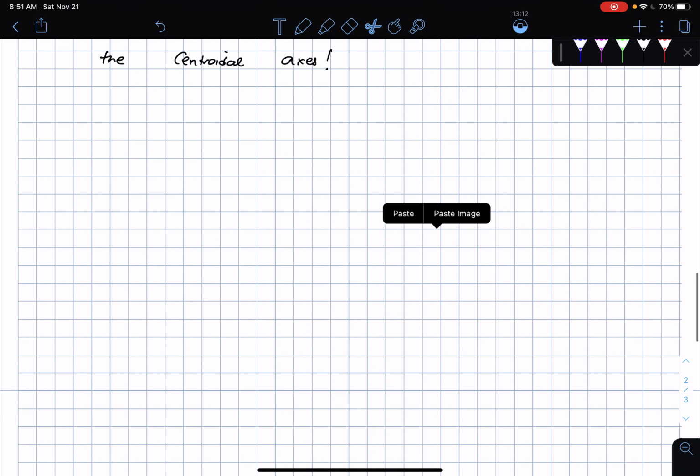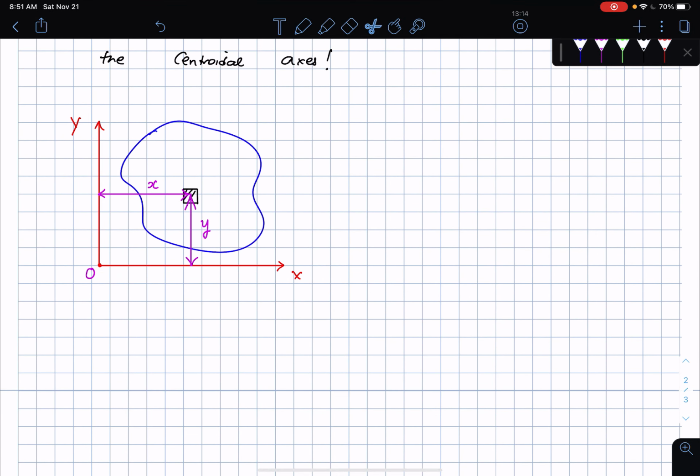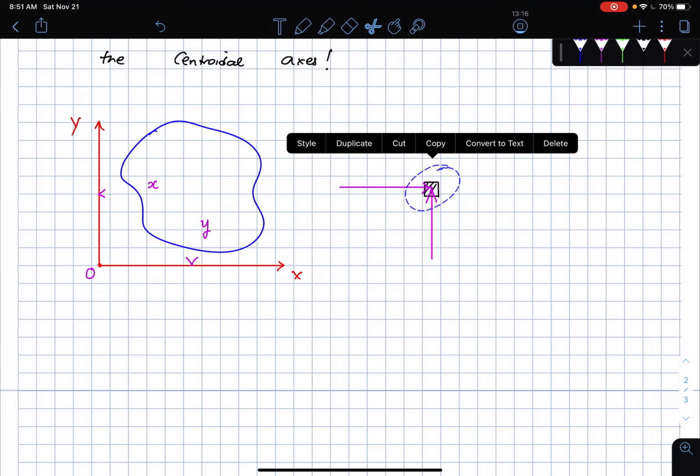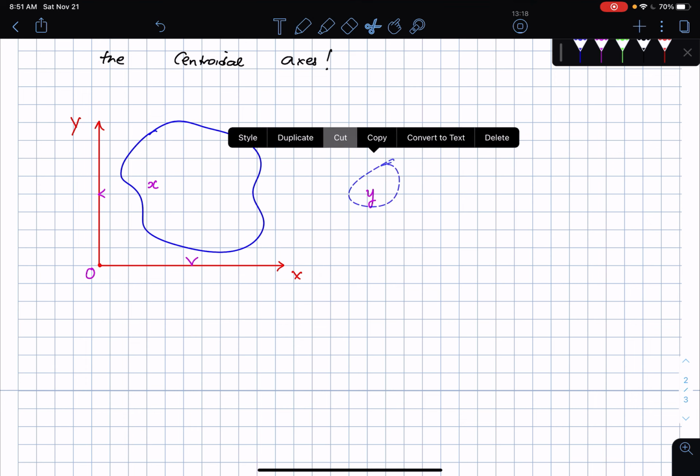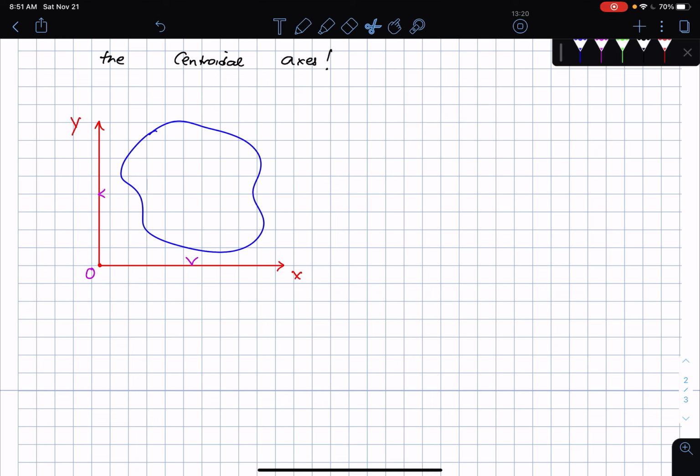Here is an arbitrary shape. I'm going to get rid of all of that, cut that off and so on. Now let's say that I locate the centroid of the shape. Let's say the centroid of the shape is sitting right down here, so this is the centroid C for the shape.